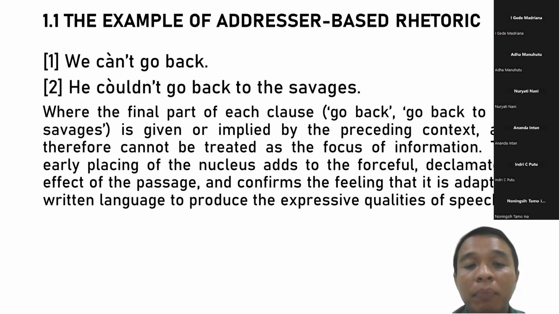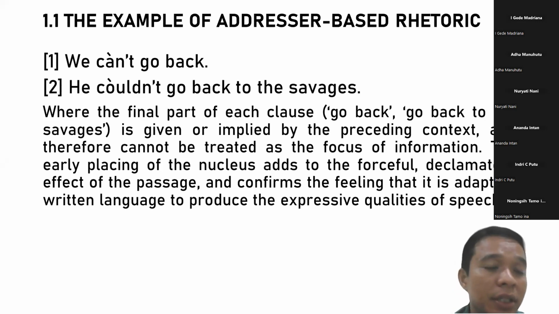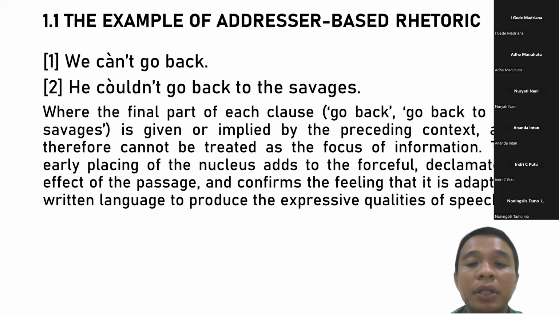Where the final part of each clause, go back to the safe pages, in this case, is given or implied by the preceding context and therefore cannot be treated as the focus of information.